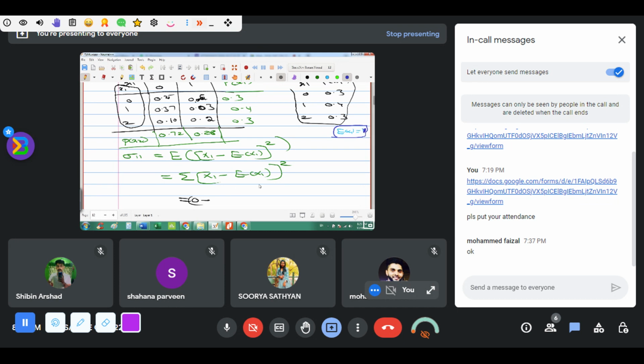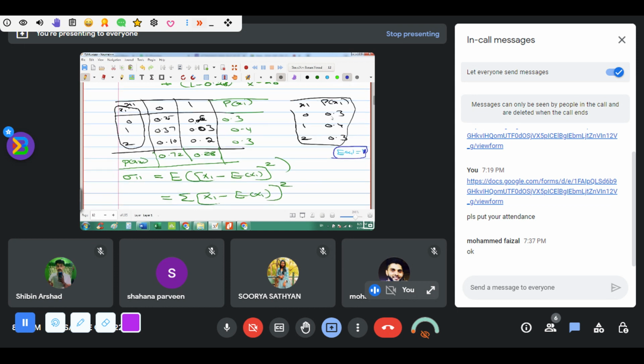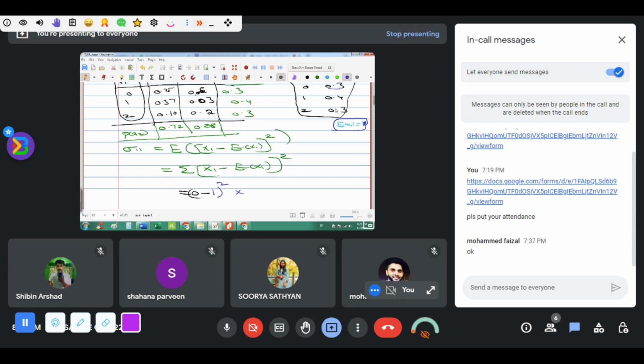Therefore 0 minus 1 whole square into, what is the probability of 0? 0.3.